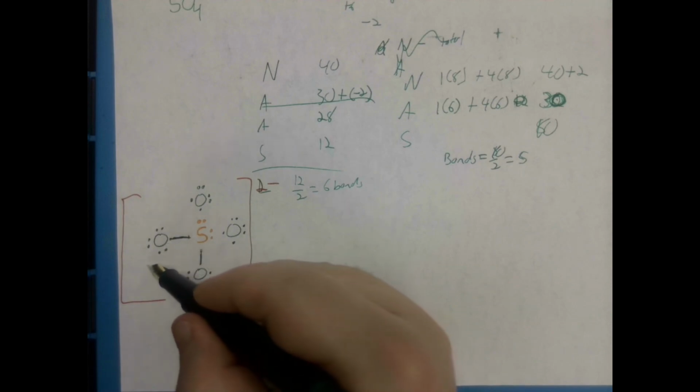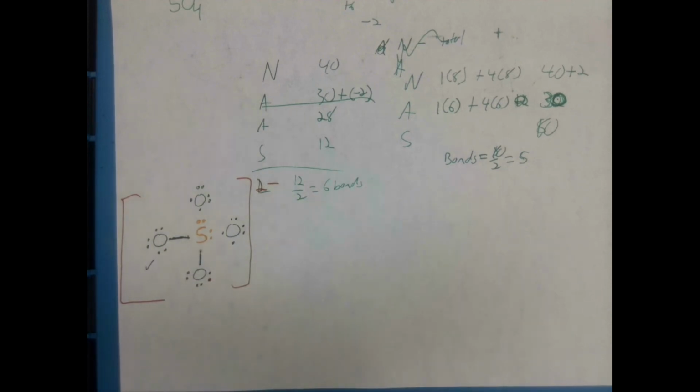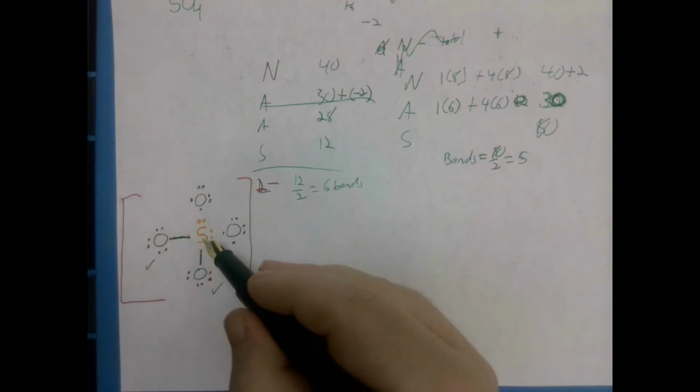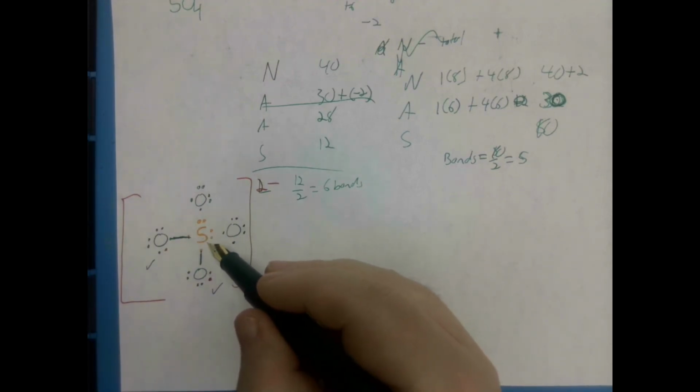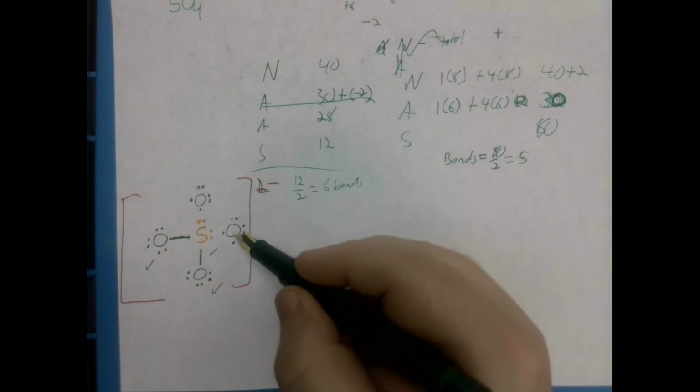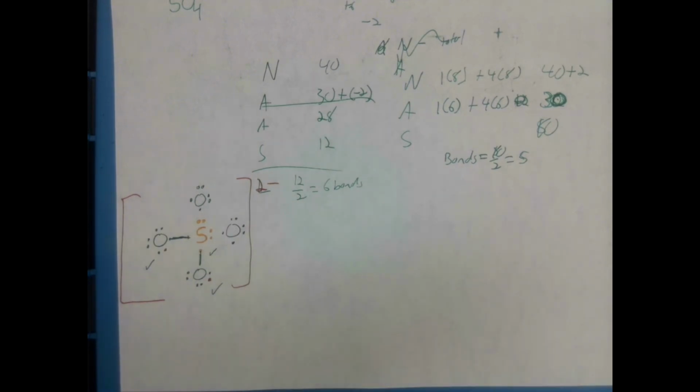So this oxygen is full, it completes the octet rule. This oxygen completes the octet rule. This sulfur completes the octet rule. But this oxygen I haven't bonded in.